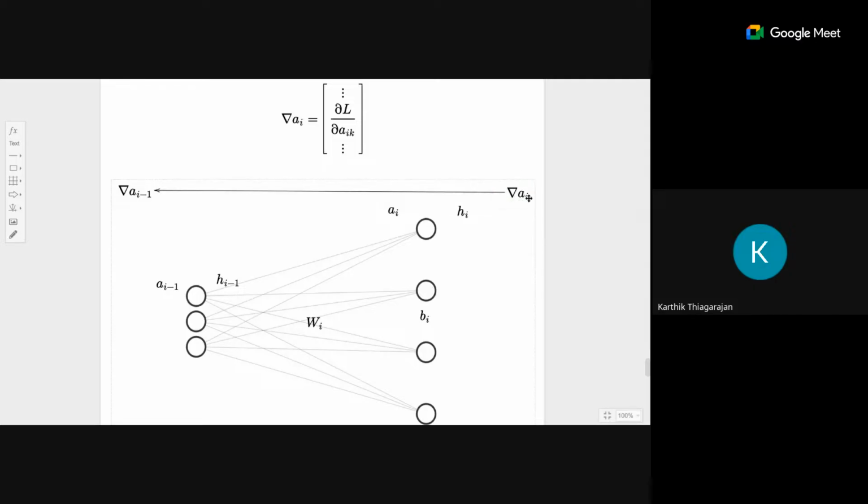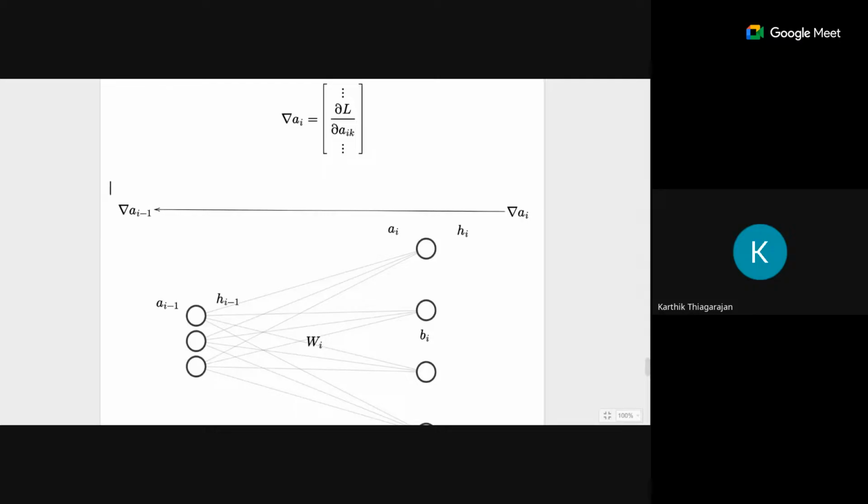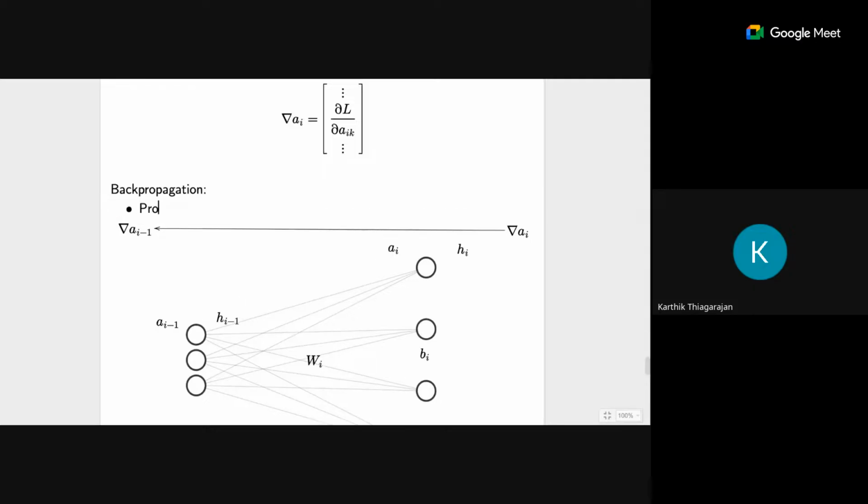Once you know grad A_i, based on how the layer is structured, you can pass on the information to grad A_(i-1). So why is it called propagation? You are actually propagating information from the output layer to the input layer.